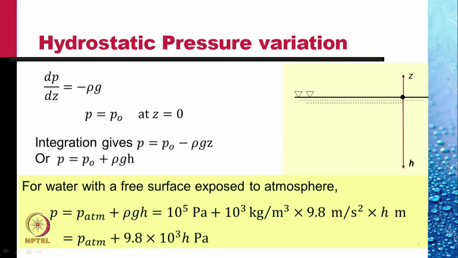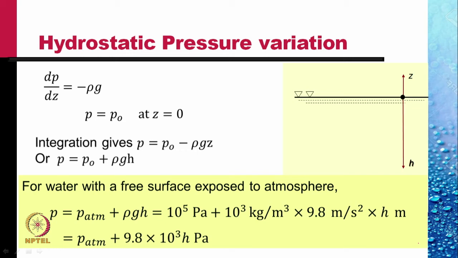For water with free surface exposed to the atmosphere, P naught is P atmosphere, which is about 10 raised to the power 5 Pascal, and we plug in the value of rho, which is 10 raised to the power 3 kilogram per meter cube, and of g.